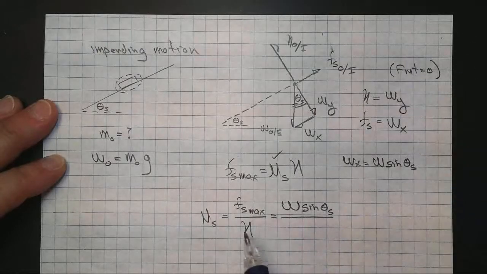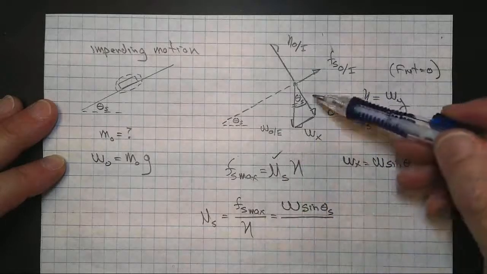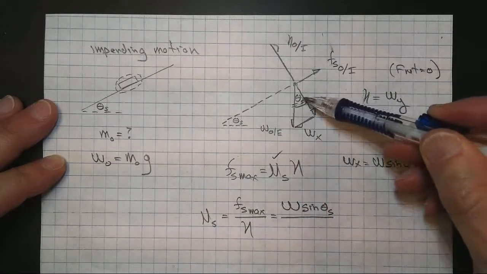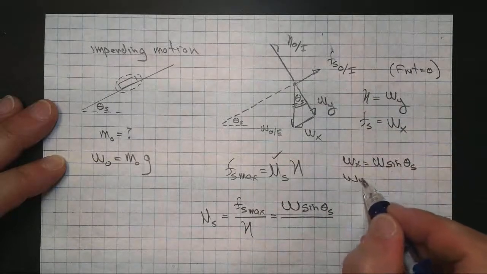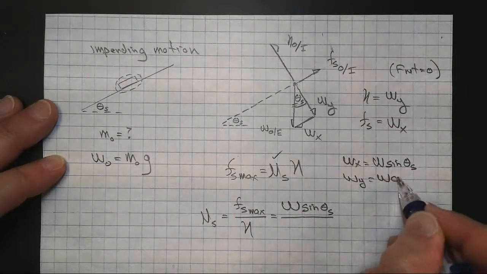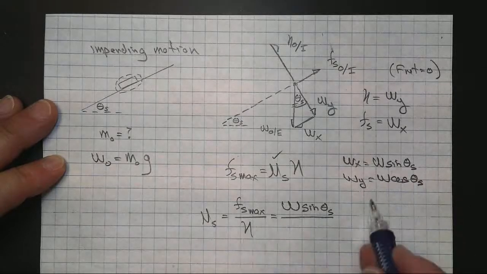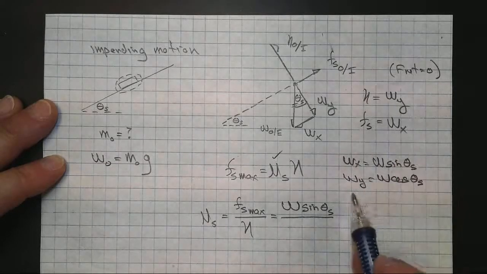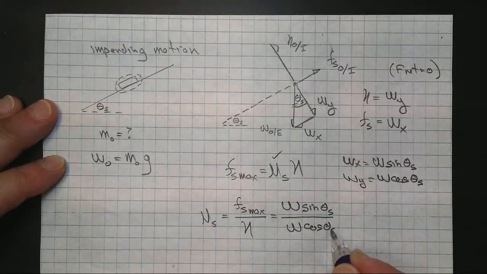We can also find that the normal force equals Wy, and using a little bit of trig, Wy is adjacent to theta s, so Wy equals W cosine theta s. So we'll put that in for the normal force. Normal force equals Wy equals W cosine theta s.